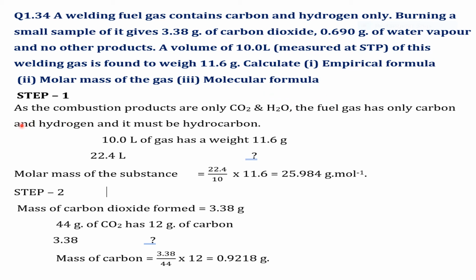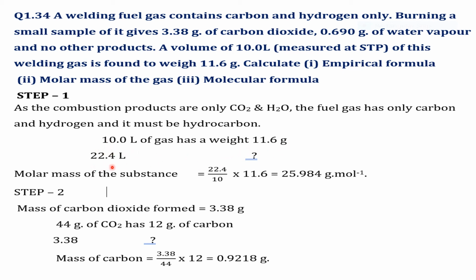Now in step 1, as the combustion products are only CO2 and water, the fuel gas must have only carbon and hydrogen. So the substance having carbon and hydrogen is referred to as a hydrocarbon. Now, as the weight of 10 liters of gas is given as 11.6 grams, 10 liters of gas has a weight of 11.6 grams.